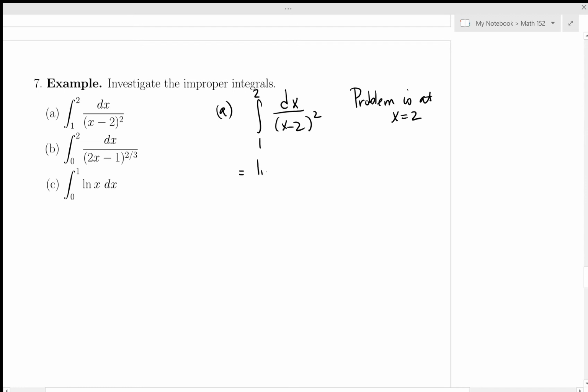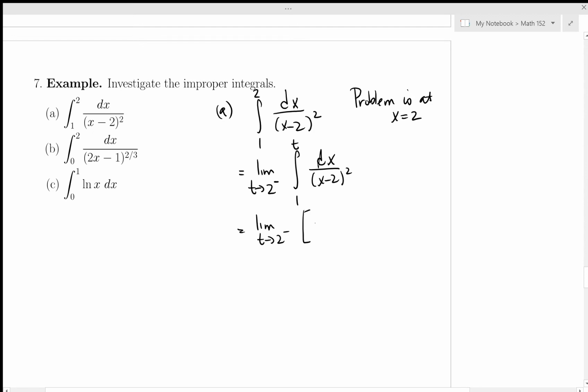So this will then be the limit as t goes to 2 from the left, and we'll go from 1 to t of dx over x minus 2 squared. Okay, it's an easy integral. So we just proceed to integrate. We have to keep that limit notation in there. Limit as t goes to 2 from the left, and we integrate here.